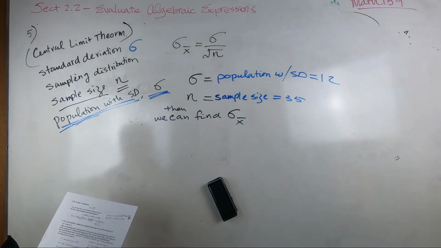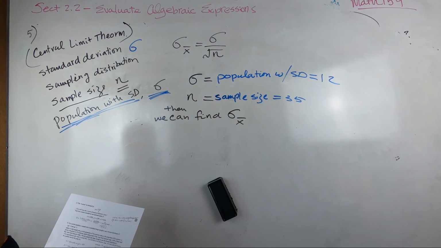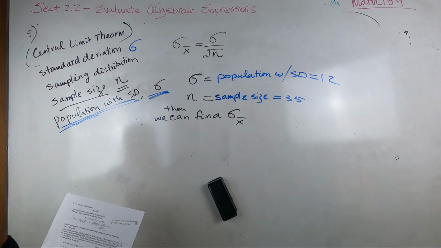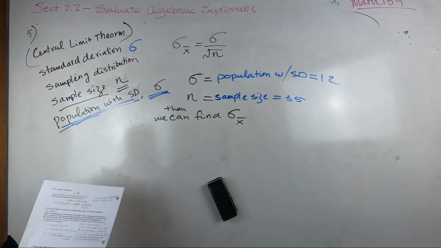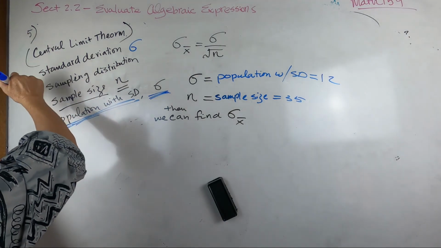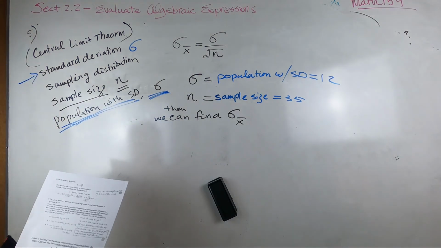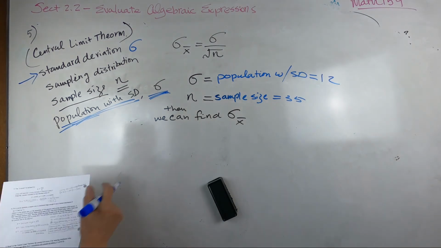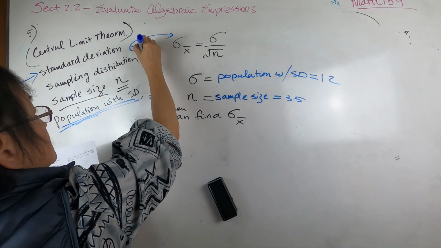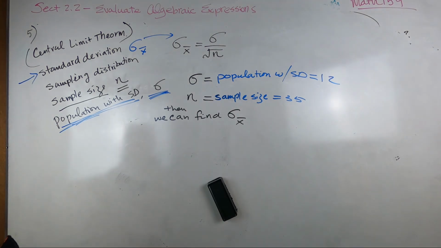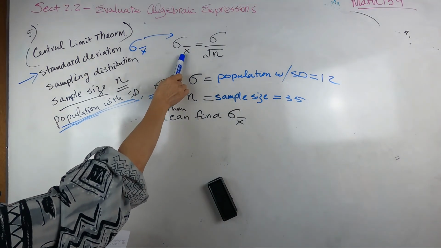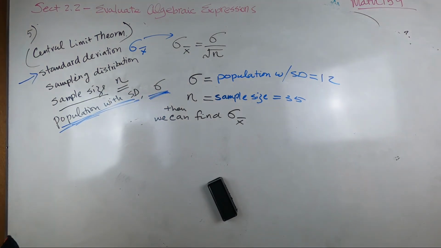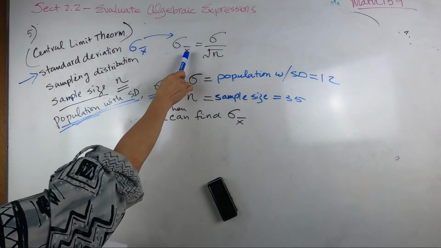And what do we need to find? Round your answer to 2 decimal places. What is the standard deviation of the sample distribution? So we want to find the standard deviation for the distribution. That means this guy. We use this symbol for the standard deviation, sigma x bar.